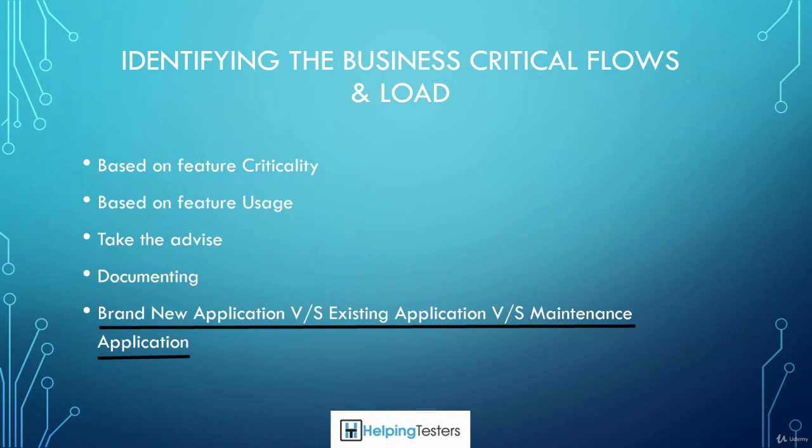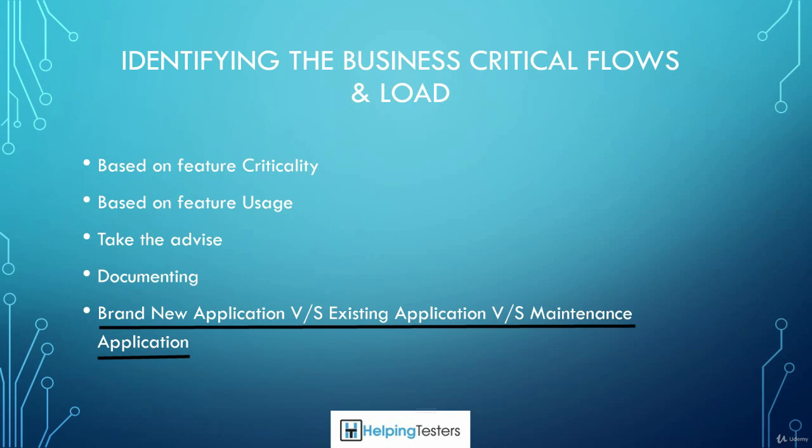And for an existing application, we will get most of the things from the product owner or the business, so we don't need to worry about it. If we are not getting them from the business, we can do benchmarking for the existing and maintenance application. Sometimes we can also depend on the application logs if the application is already in production.